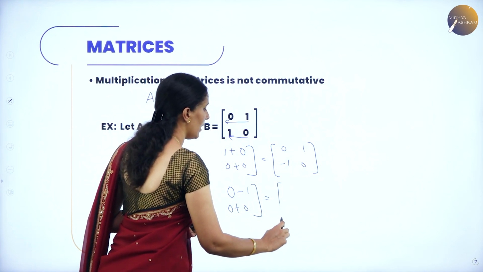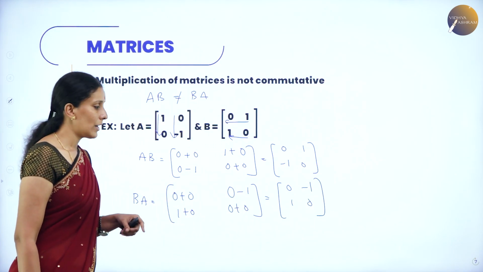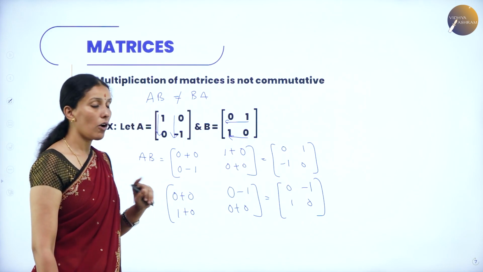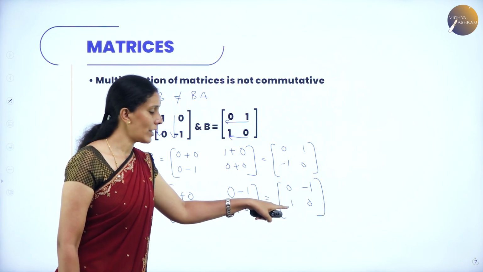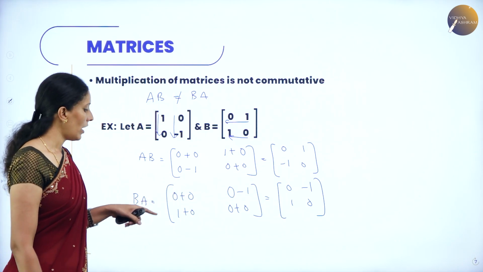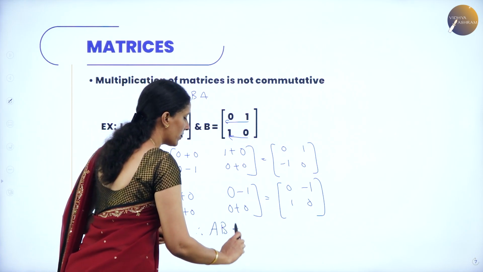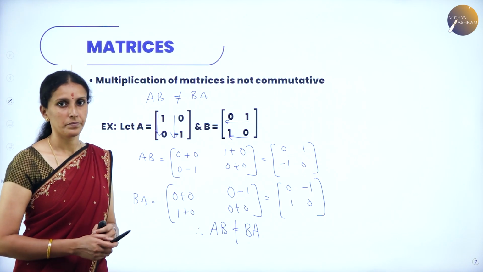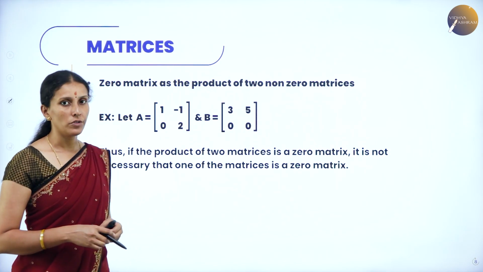See here BA is 0 minus 1, 1 0. So you can clearly say the corresponding elements of AB and BA are not the same. The second elements are different and the third element is also different. So therefore, it is not necessary that the product of matrices is commutative. It is not commutative.